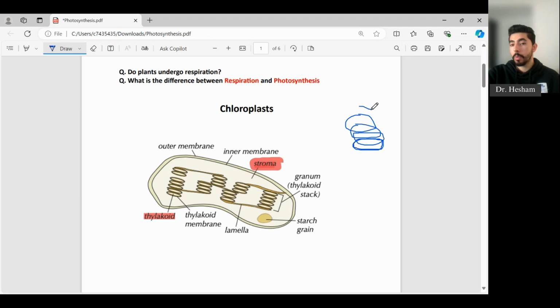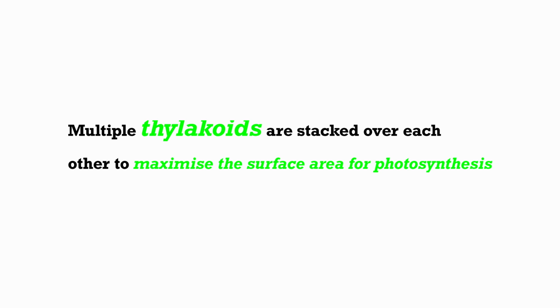I don't only have one thylakoid or two thylakoids. I have hundreds, maybe thousands of thylakoids inside a single chloroplast. And they are arranged in a stack, just like this, over each other. The chloroplast does photosynthesis in a unit called the thylakoid, and it stacks multiple thylakoids over each other to increase the overall surface area in which photosynthesis happens.